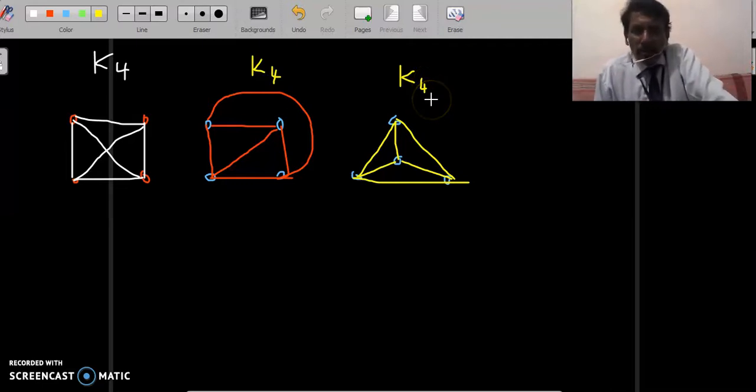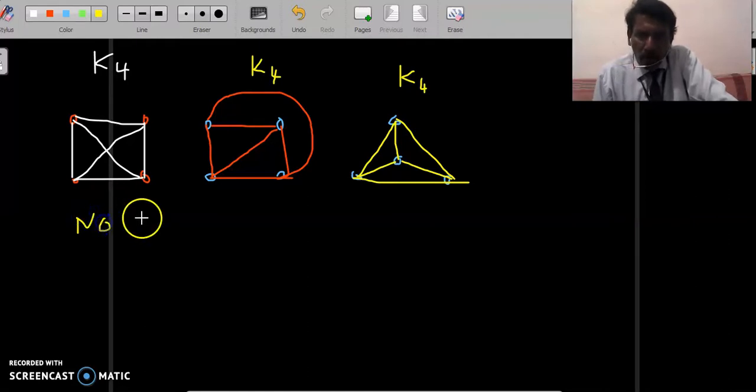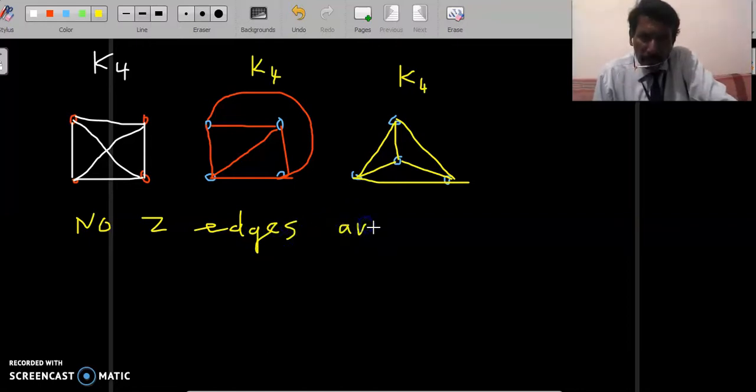But the significance among all these is that no two edges are intersecting one another.